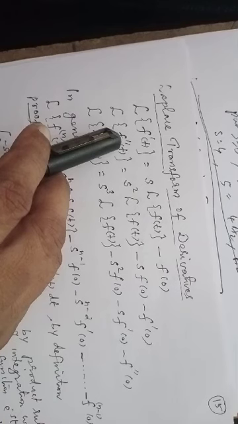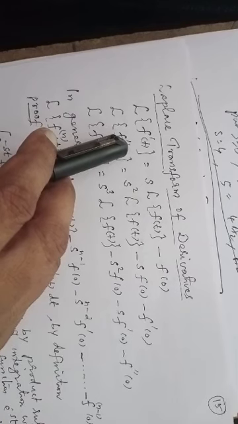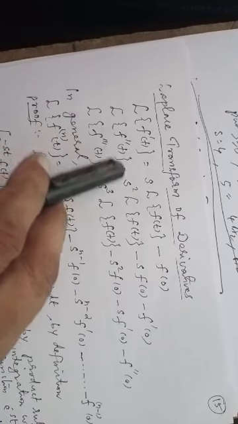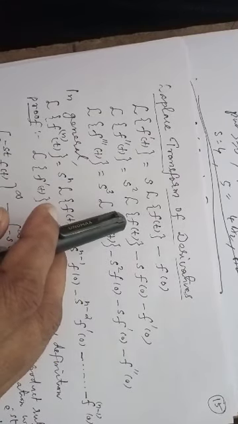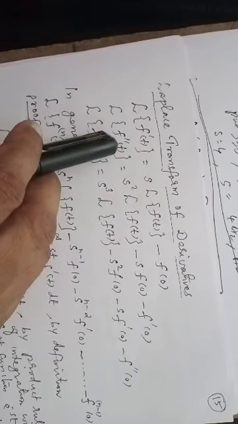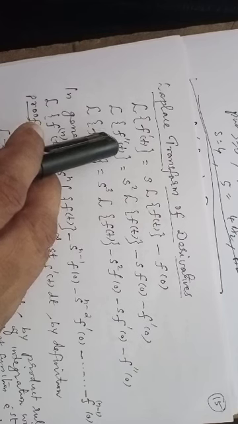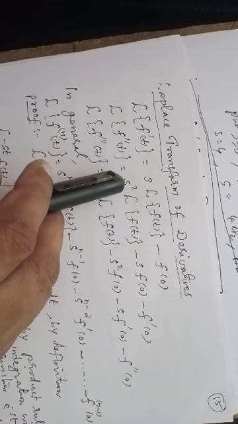Next, to find the Laplace transform of f double dash t, we use the result that we know, and to find the second derivative's Laplace transform, just multiply by s square.